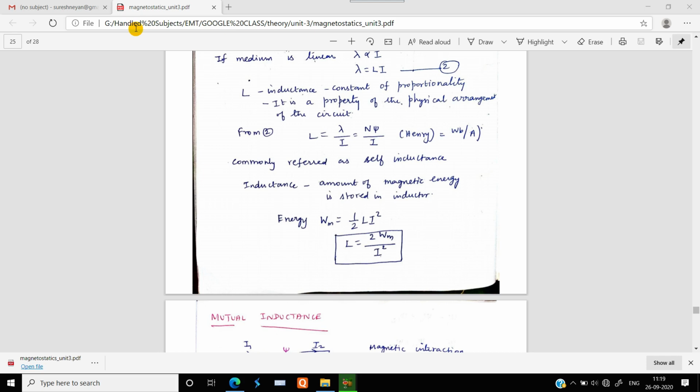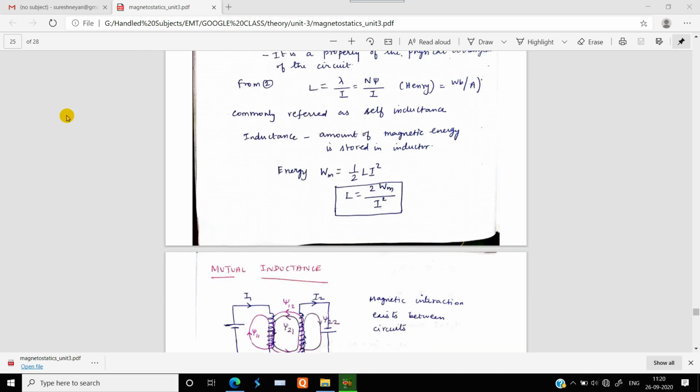But that is not the only case that happens in the physical phenomena, the mutual inductance is also going to take care, because the flux linkage of the coil is not only going to link the same coil, but it can link other coils also. So if that is the case, then we will be coming across the mutual inductance also.